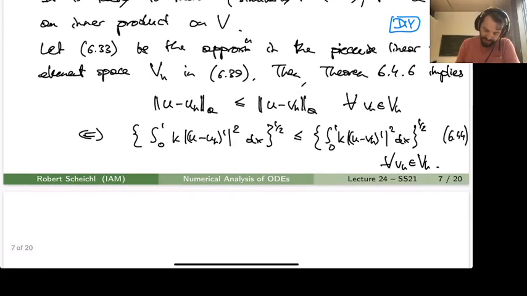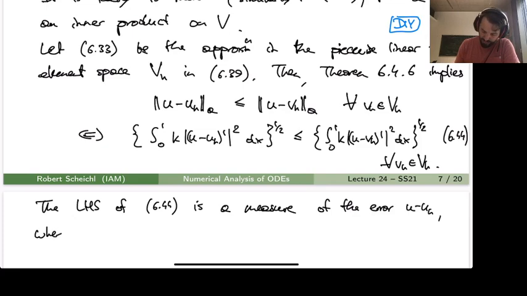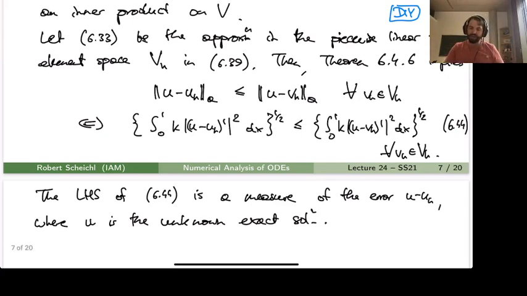Now the left hand side, we already said it's a norm, so the left hand side of 644 is a measure, a norm in fact, of the error u minus uh, where u of course is the unknown exact solution, and uh is the thing that we're actually computing.